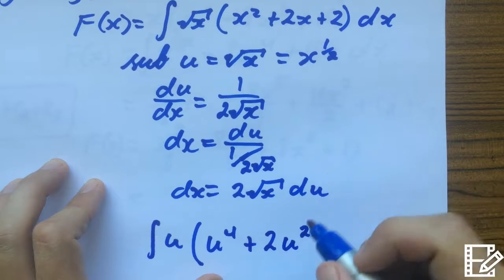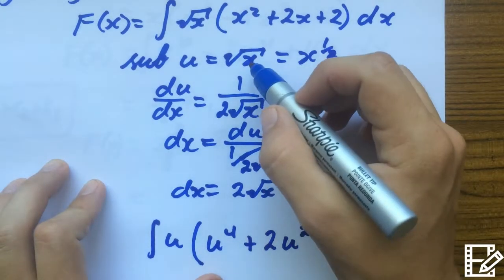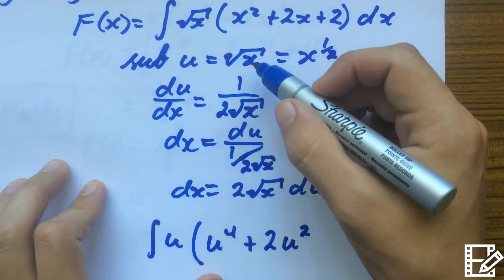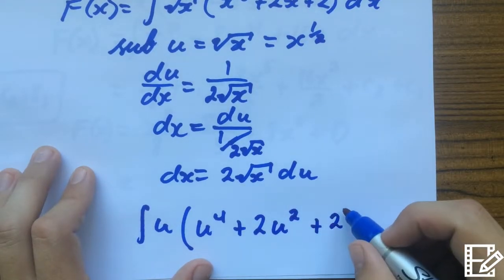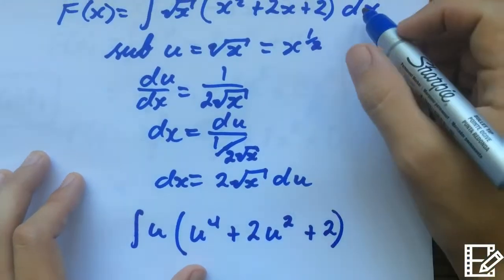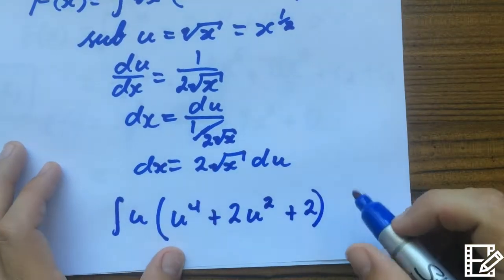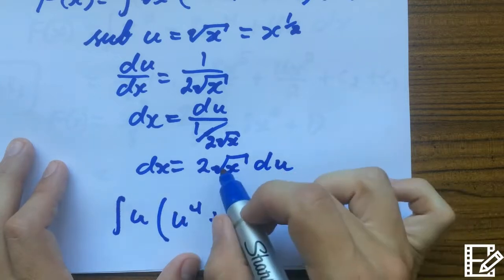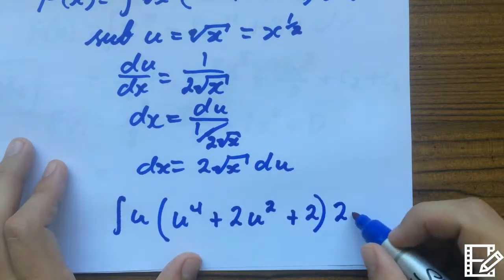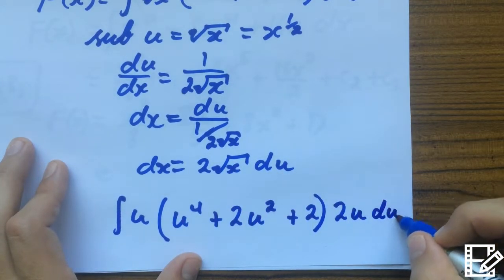If we have u multiplied by u, that's a square root multiplied by a square root of x, which will just equal x. And then we just have 2 tacked on the end. And where we had dx, we sub in this, which will be 2 square root of x, and because there's a square root of x, I'm going to use u, and then we have du.